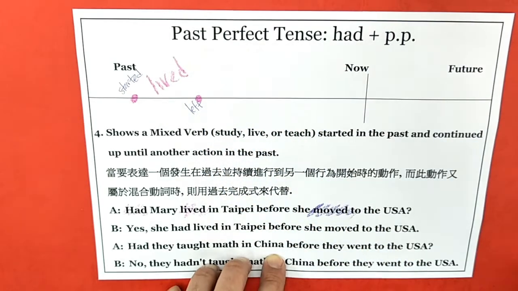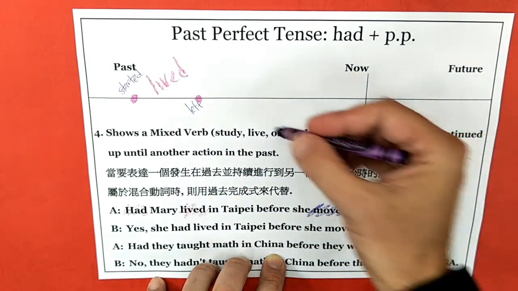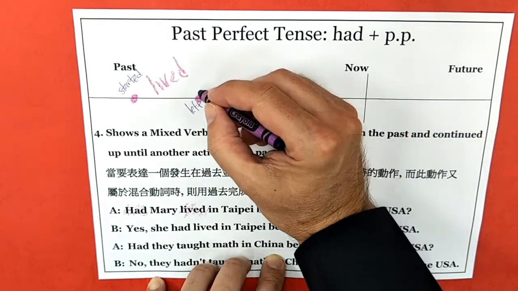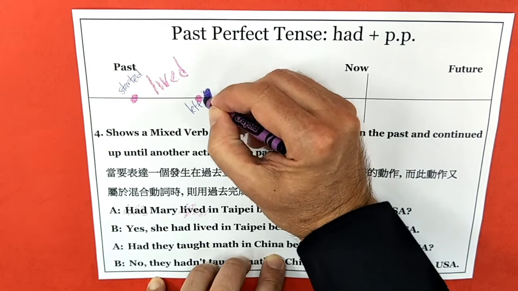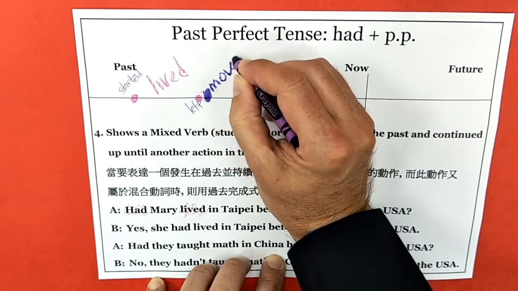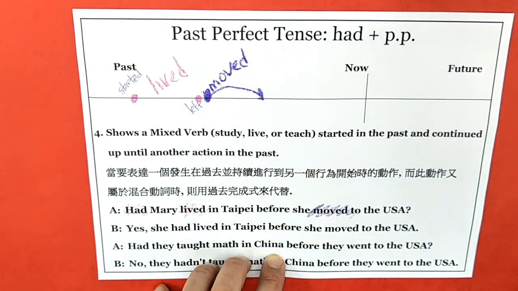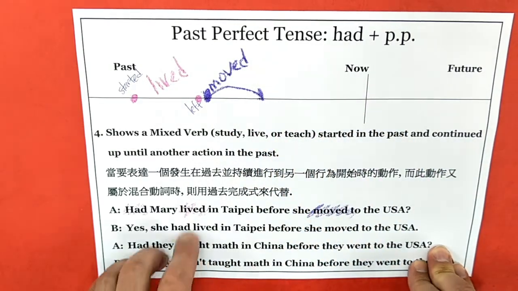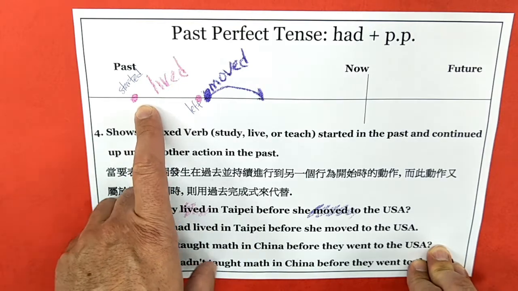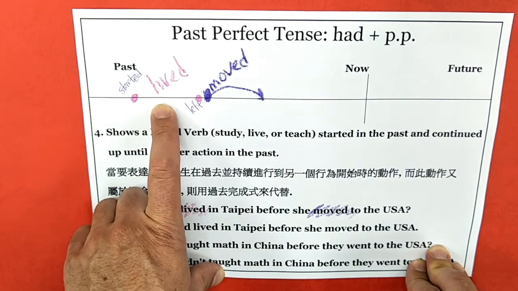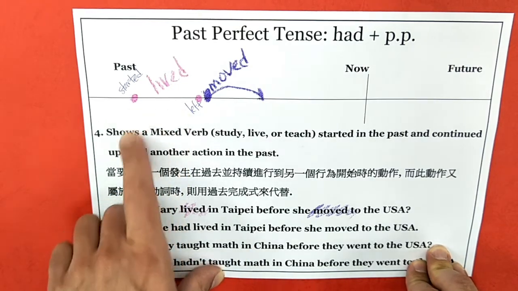And when she left Taipei, she moved to the U.S. So she moved, and she's still probably living in the U.S. Okay? So, live is a very special verb. It's a mixed verb. Okay?